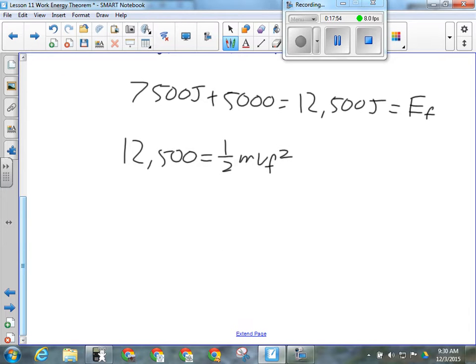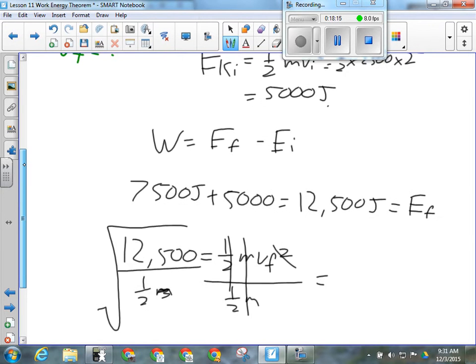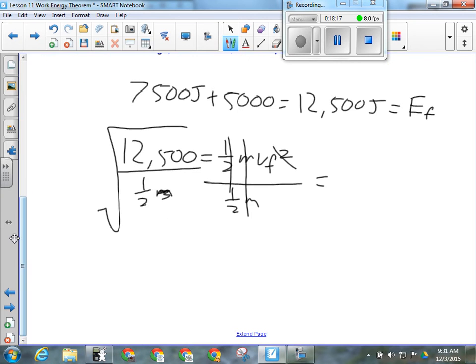I'm going to solve for V. I'm going to divide both sides by half of M. And then I'm going to do what? I'm looking for V, and V is squared, so I have to square root. So I'm going to have the square root of 12,500 over half of, I keep forgetting what the mass was, 2,500.